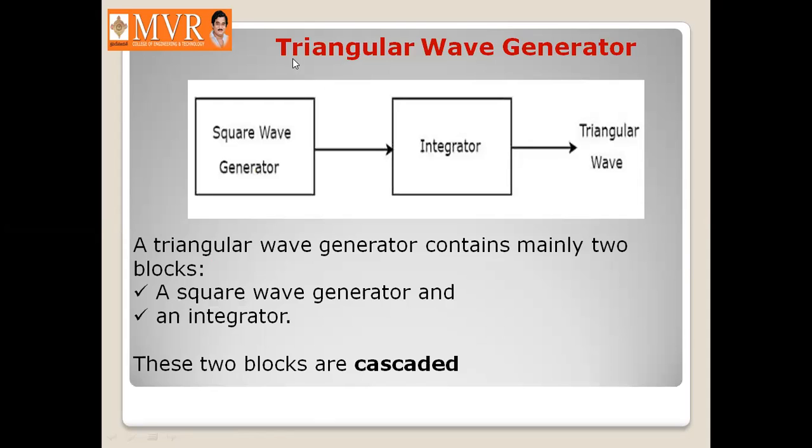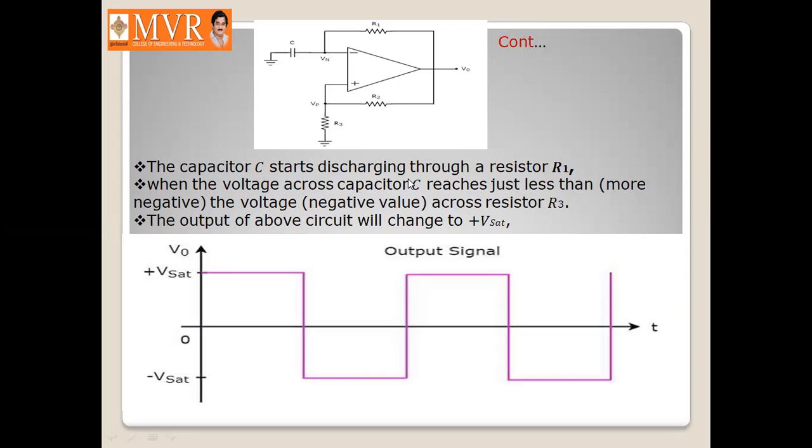So next application is a triangle wave. As we have studied, the op amp is going to produce a square wave.